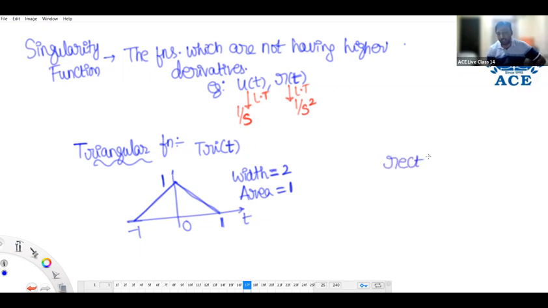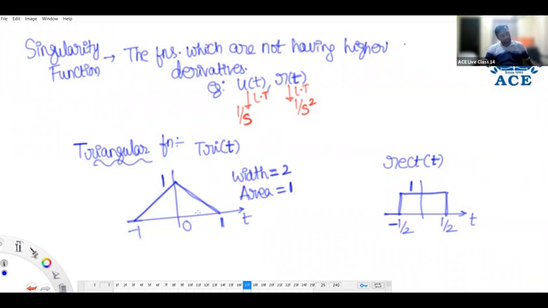Don't be in confusion with rect t, sir. Rect t covers from -half to half. Here also area is 1 only, length into breadth. But tri t is not covering from -half to half, it covers -1 to 1.